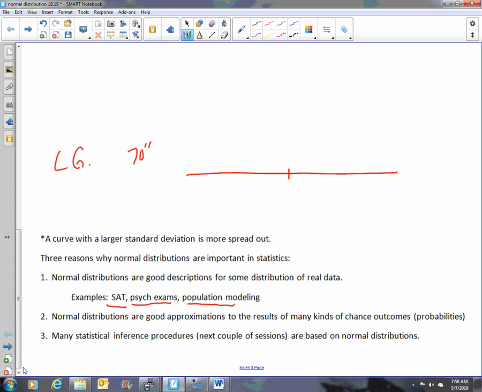There would be some middle number of time, some number of years, and some of them would not last that long. Some of them would last longer than that. But if they were to plot all of these out, they would find that they would get a curve that looked like a bell shape, or that these curves would be normally distributed. So we can use this curve many times to predict what's going to happen.